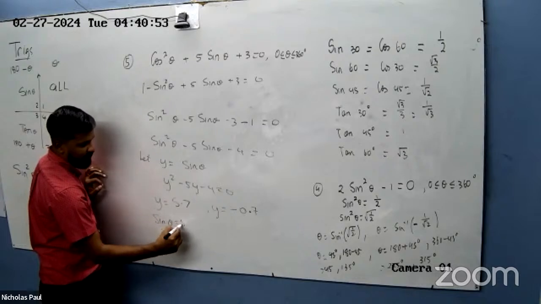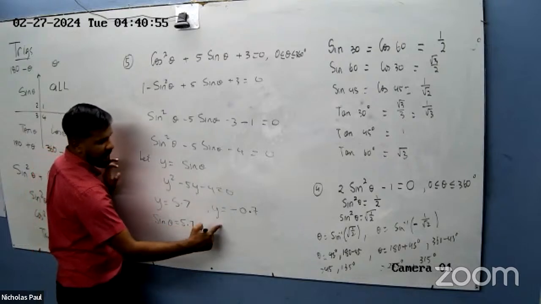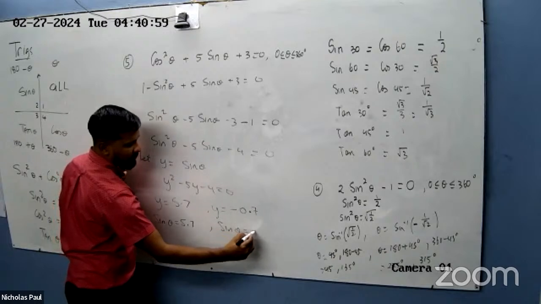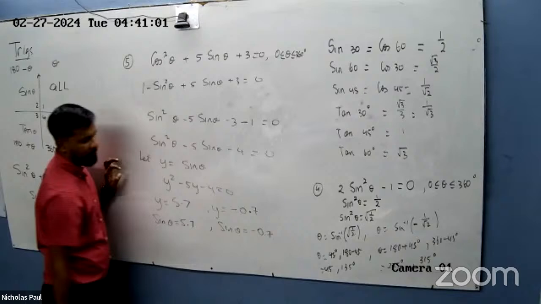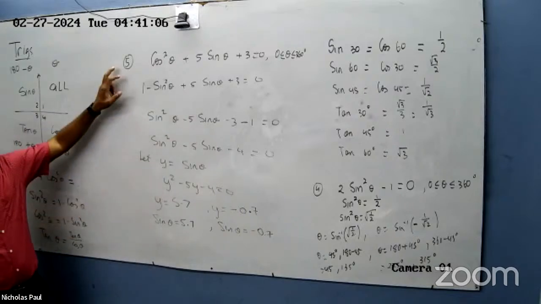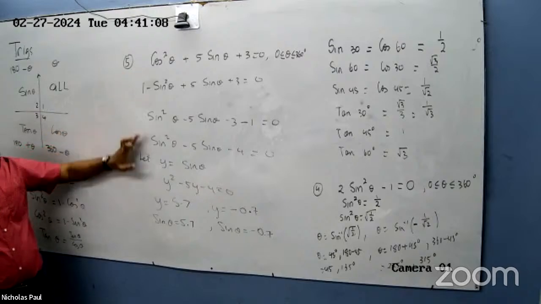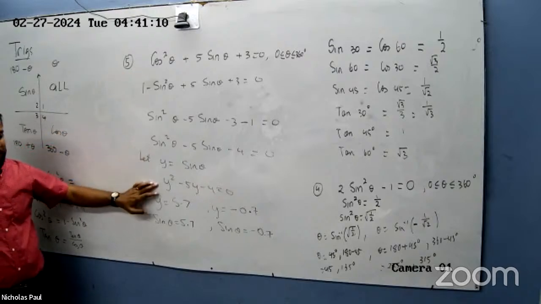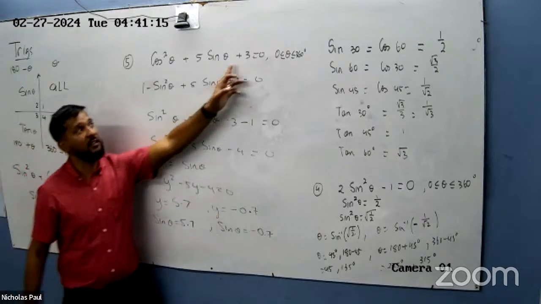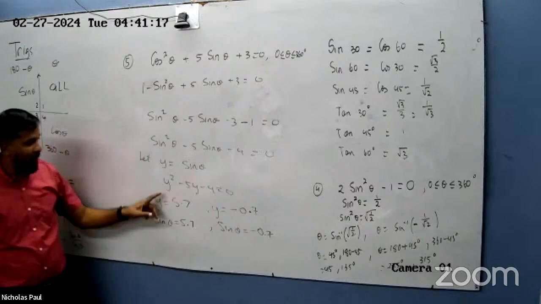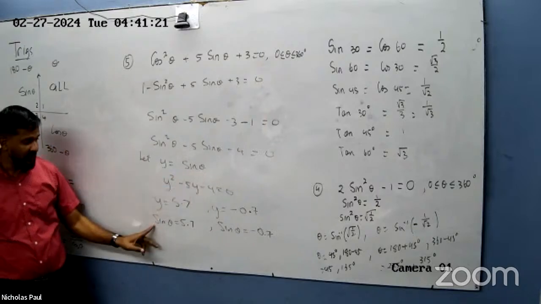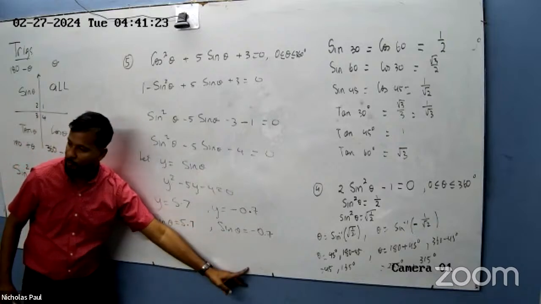So I make a substitution, I turn it into a quadratic and I solve the quadratic. When I solve the quadratic, remember my objective is to solve for theta. So I have to put back what y was. Y was sine theta. And then I solve this like normal.